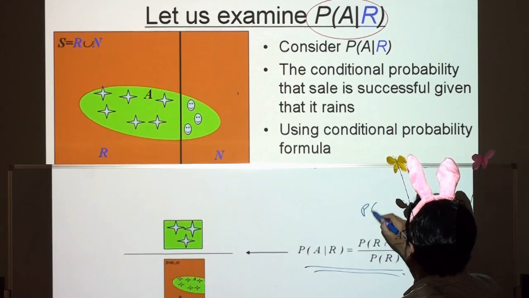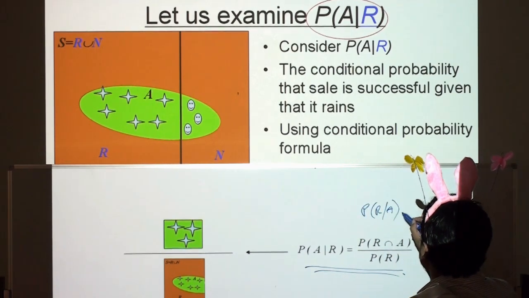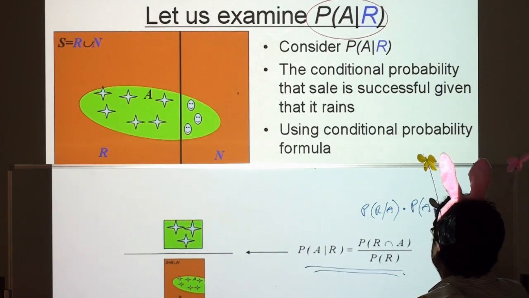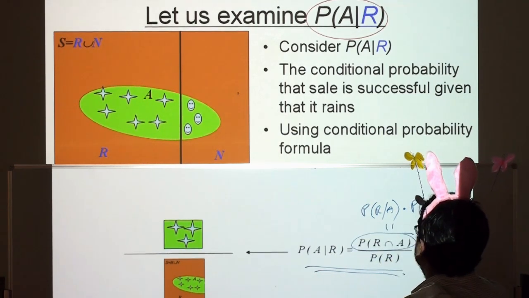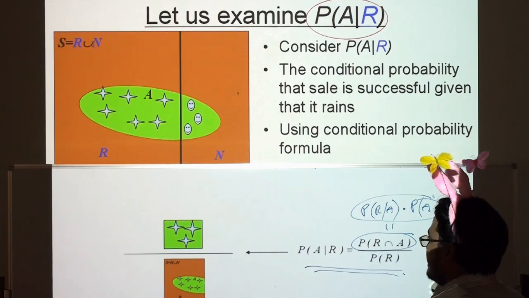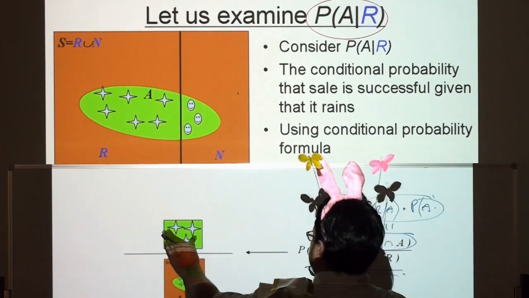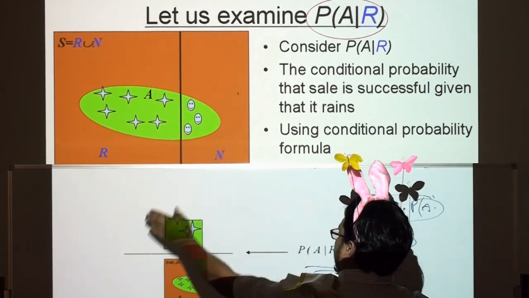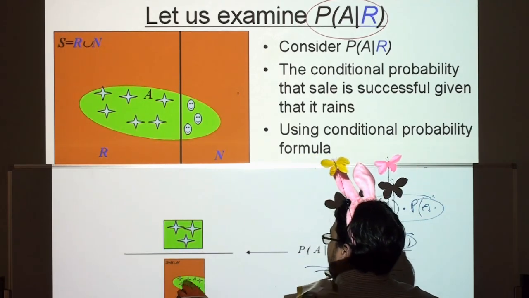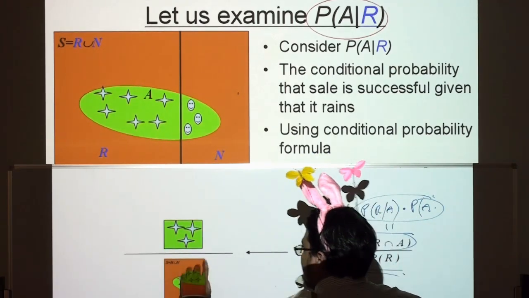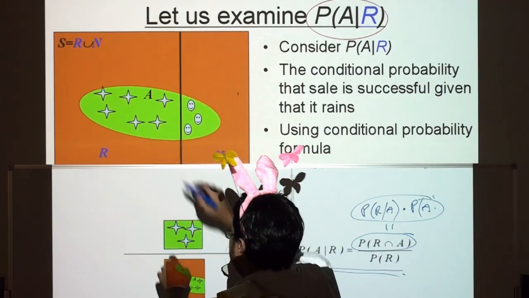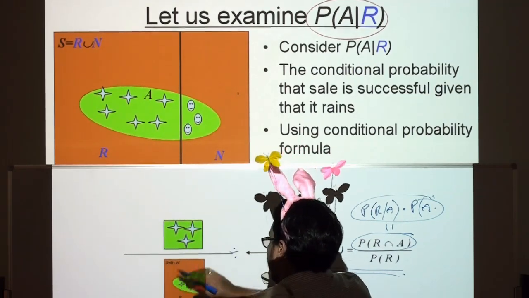Notice that should be probability of RA multiplied by the probability of A, in Bayes' theorem, that part. So this is equivalent to taking those stars over there and dividing it by the probability of success with rain. That section divided by that on the bottom here.